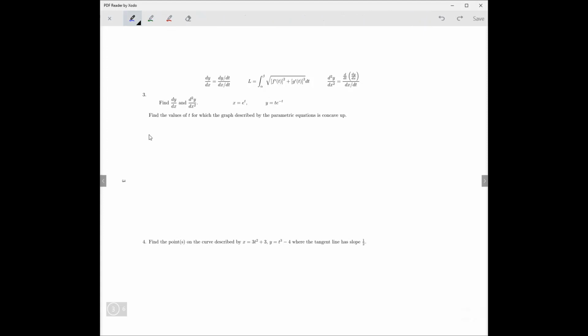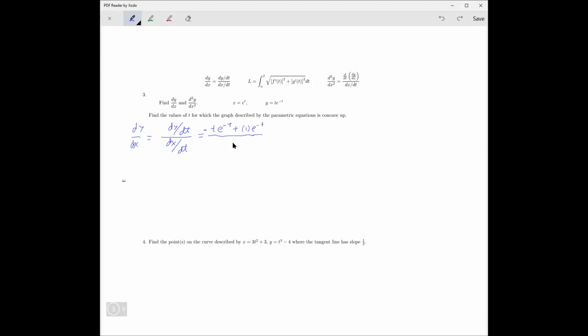So first we have to find the first derivative. So that's dy/dt over dx/dt. So dy/dt will be the derivative of this. So it's t times the derivative of the second part. The derivative of e to the negative t is negative e to the negative t. Plus the derivative of this, which is 1 times e to the negative t.